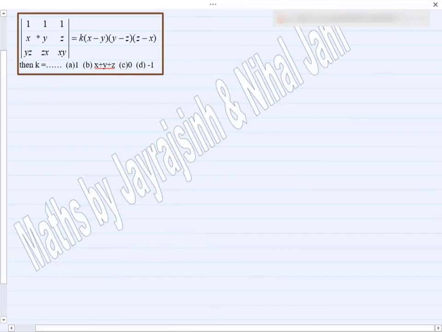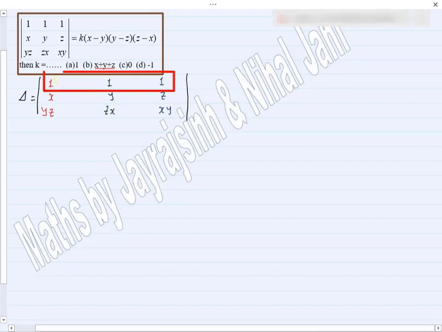In this question, we have the determinant equal to k times (x minus y)(y minus z)(z minus x). We have to find the value of k. So first of all, let's begin from the left hand side, and here we have our determinant. In the first row, we have 1, 1 and 1, which will be helpful to get 0 using column operations.